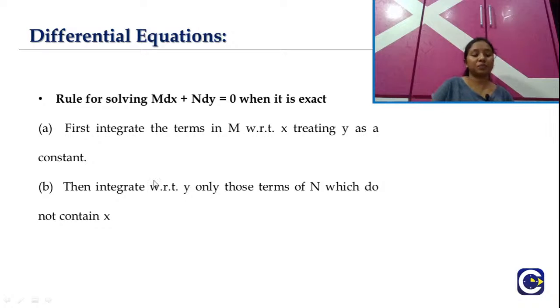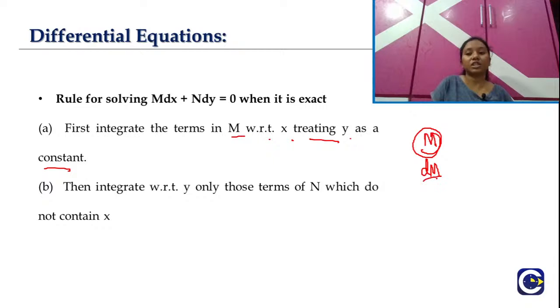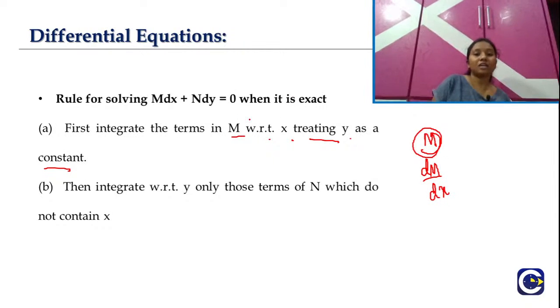The first step is to integrate the terms in M with respect to x, treating y as a constant. And considering N, if this is a function of y, we are going to consider this as a constant.